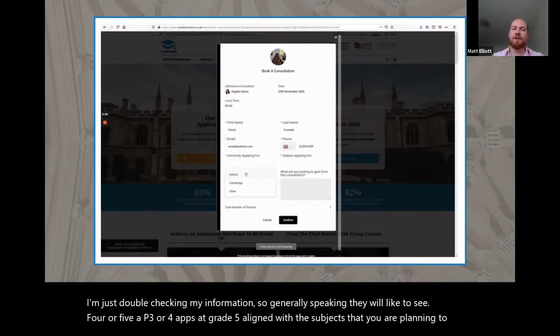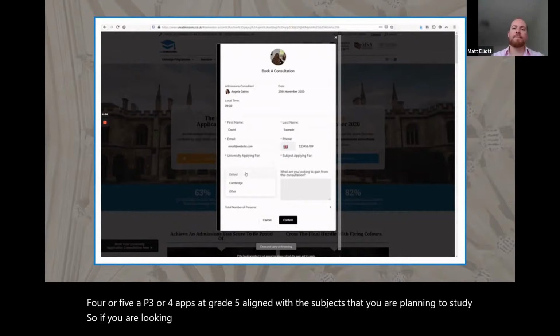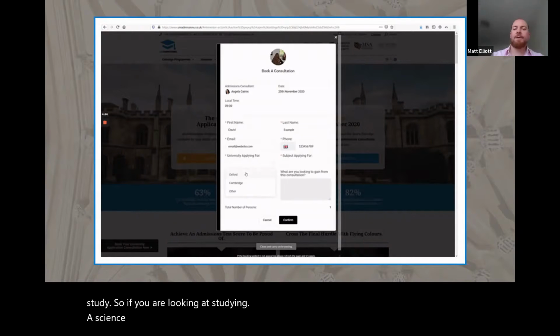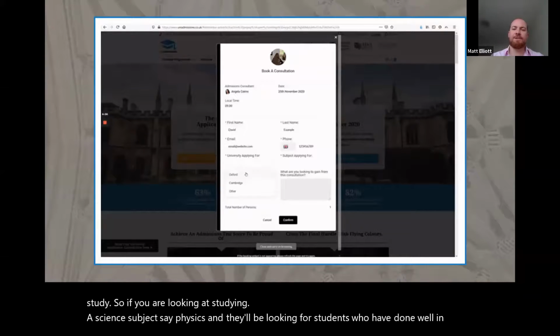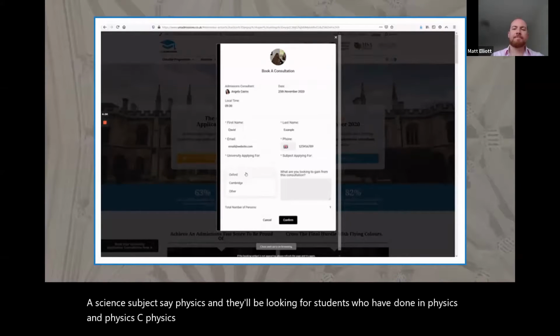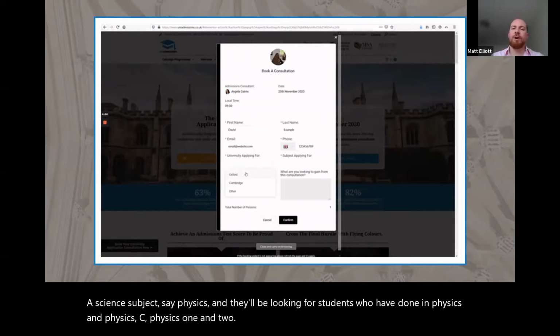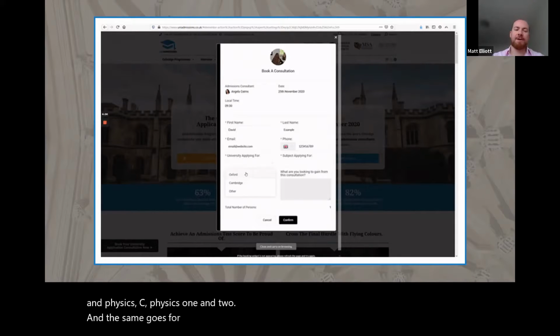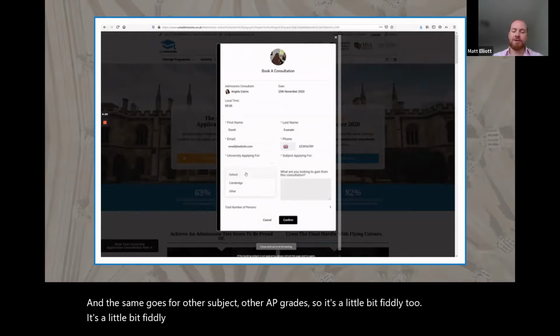So if you are looking at studying a science subject, say physics, they'll be looking for students who have done well in Physics C, Physics 1 and 2. And the same goes for other AP grades. So it's a little bit fiddly to work out, because the conversions to the UK system don't work perfectly.